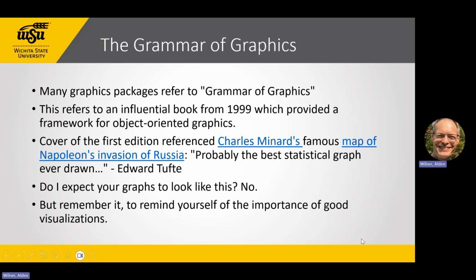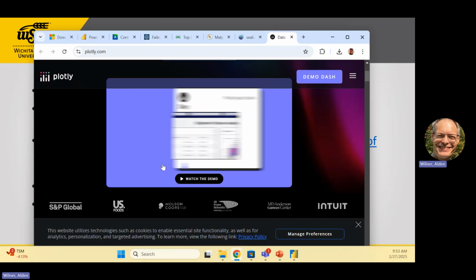And on this slide, you'll see that there's a link here to one of the most well-known historical statistical graphs ever drawn, according to author Edward Tufte. So we'll see that in a bit. This is back in the 1800s, the guy drew this chart, and it's still held up as a model for everyone. All right, we're going to leave that in the background.